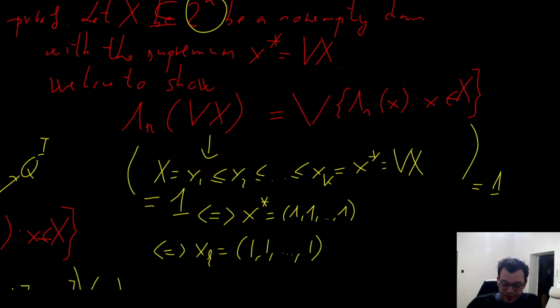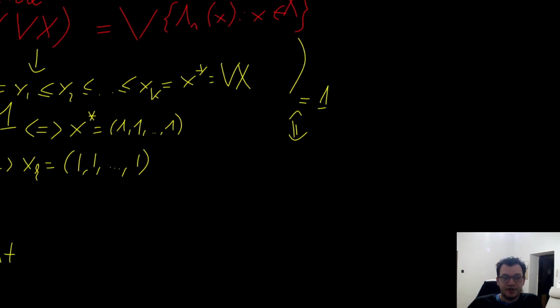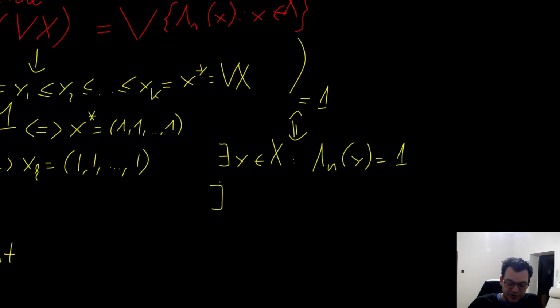Now on the right hand side, this is 1 if and only if, since it's a supremum, there is a 1 within these elements, because each of these elements is either 0 or 1, and you can get to 1 only if there is a 1 inside the set. So it says that there exists some element for which the n-ary conjunction is actually 1, which means that the 1, 1, 1 vector should be a member of the set.